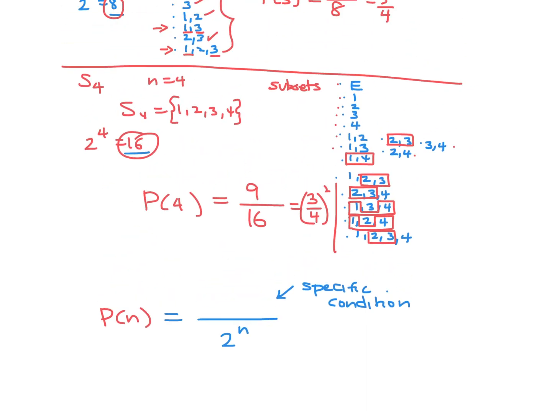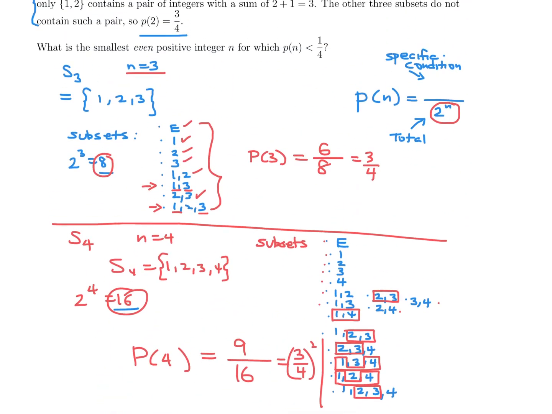Okay, so now we go with the solution. We're looking for Pn, and Pn is going to be our specific condition over 2 to the power of n. It's very helpful that they gave us that 2 to the power of n. So this specific condition is what we're going to concentrate on. They also told me that they're just looking for even values of n.